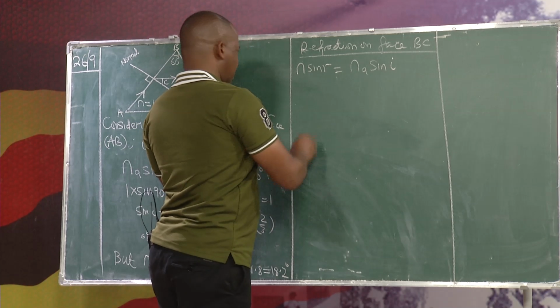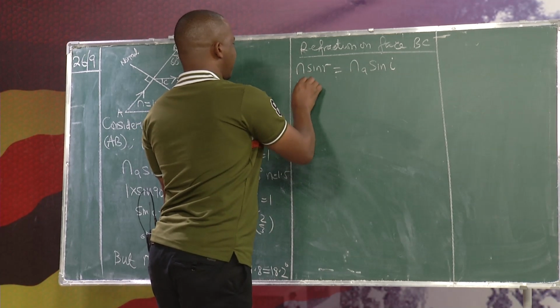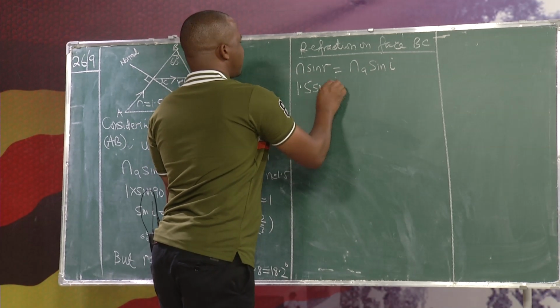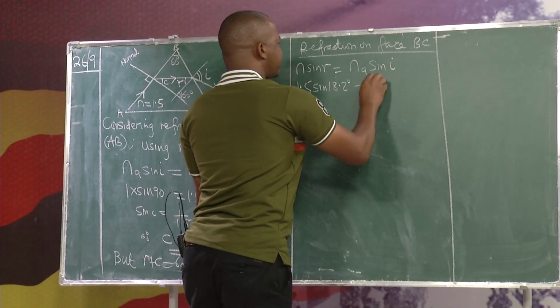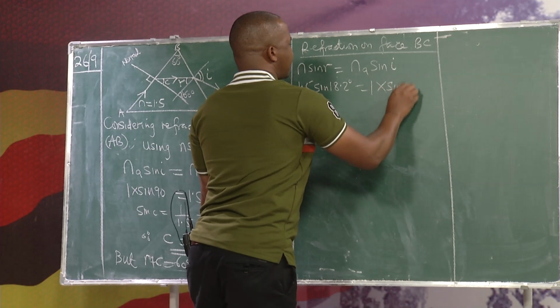Remember, our R is 18.2 now, so 1.5 times the sine of 18.2 degrees will be equal to 1 times the sine of I.